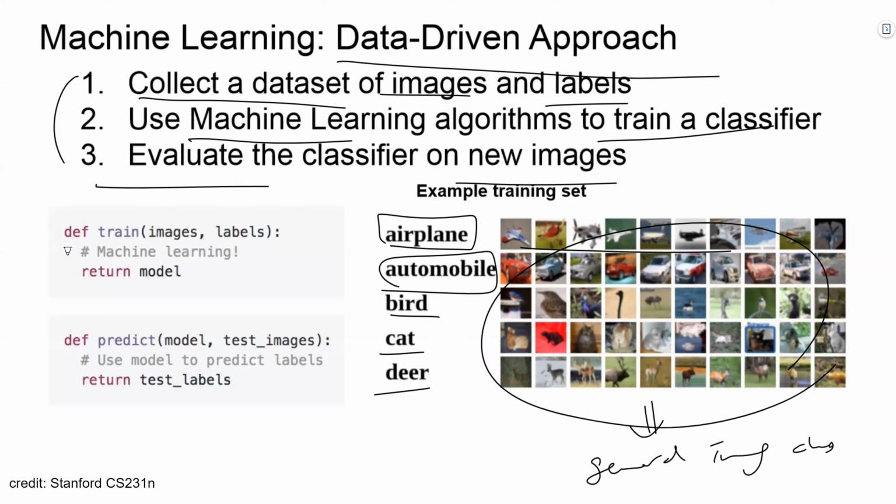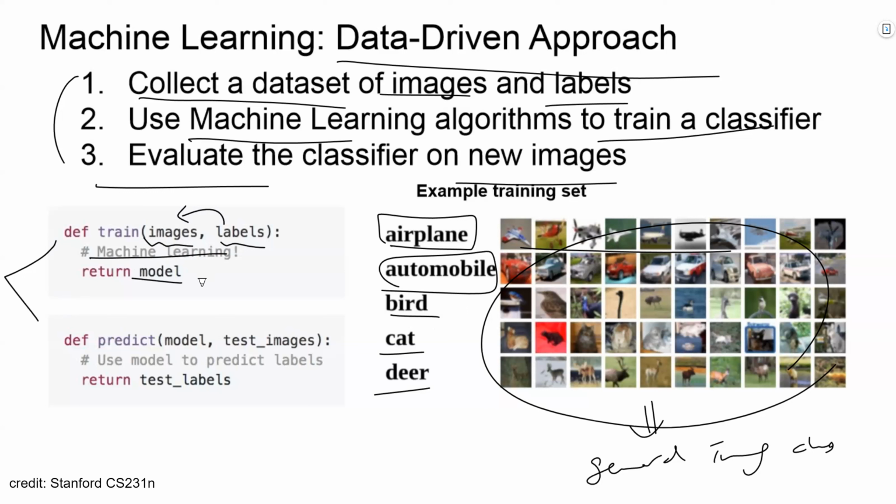And the flow looks like this. We are designing two functions. The first function receives the training images and the labels for each image. Then we do something called machine learning, which learns the model parameters from this data and constructs the model.